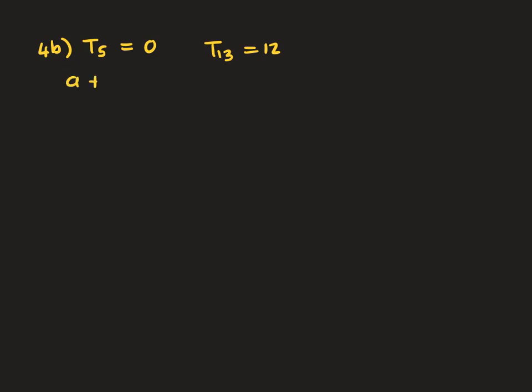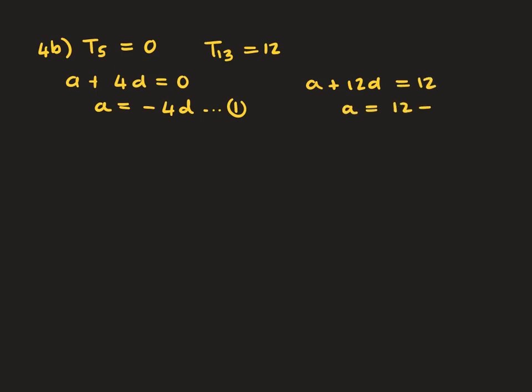So a + 4d equals 0. So a will be negative 4d. That's going to be your first equation. a + 12d, the 13th term is 12. So a will be 12 minus 12d. Right, that's your second equation.